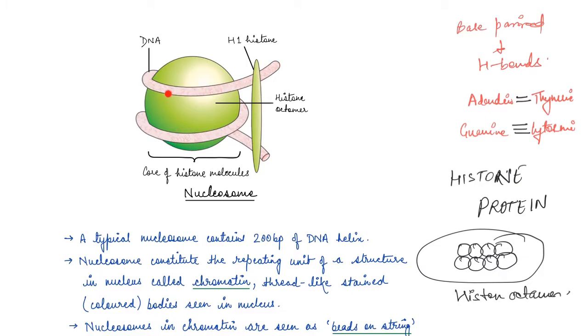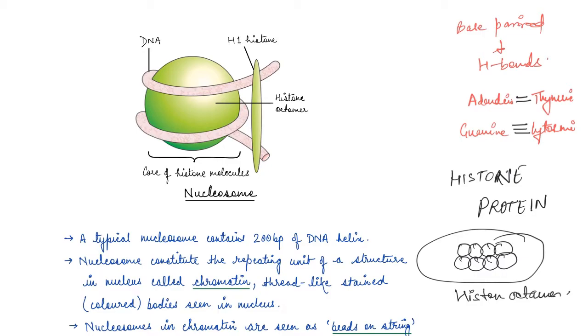And then the DNA is coiled around the histone octamer, and this entire structure is known as nucleosome. Now, a typical nucleosome usually contains 200 base pair of DNA helix, right? So, on one nucleosome, you have 200 base pairs of DNA helix, right?